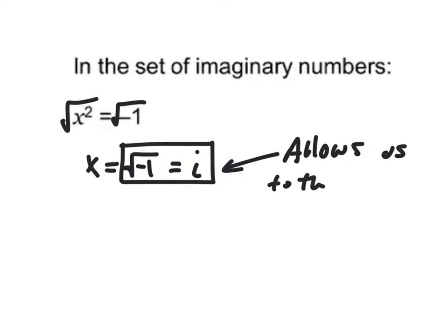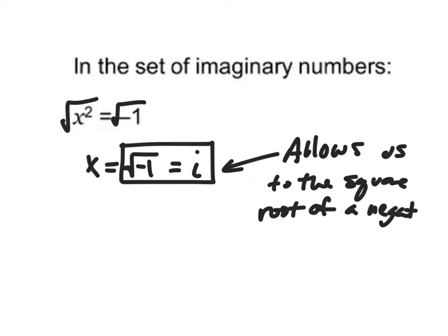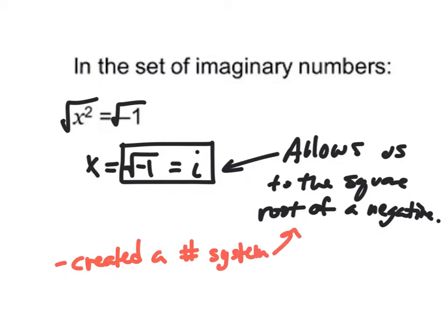because this allows us to take the square root of a negative number. The reason we did that is that when you are dealing with computer software and computing, you run into this issue where you will end up taking the square root of a negative number. So what we've done is create a number system that allows us to take the square root of a negative number.